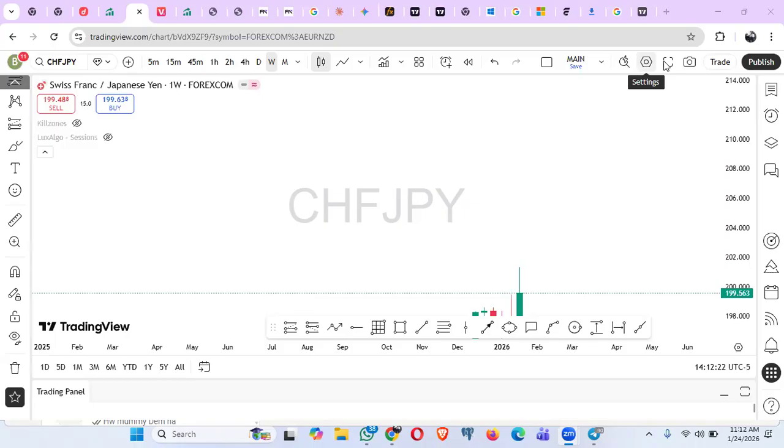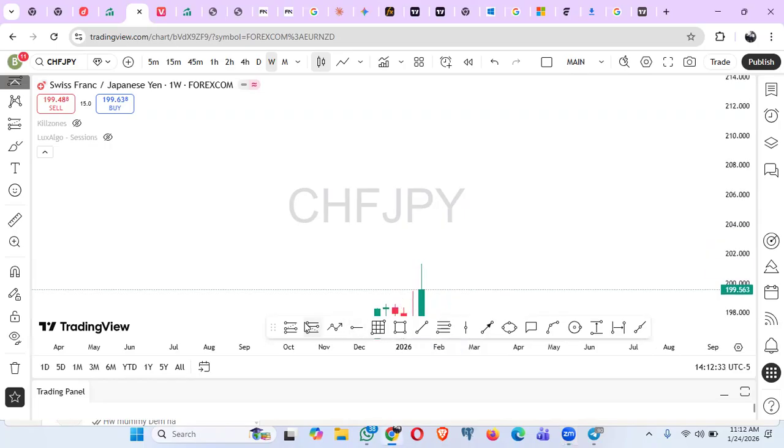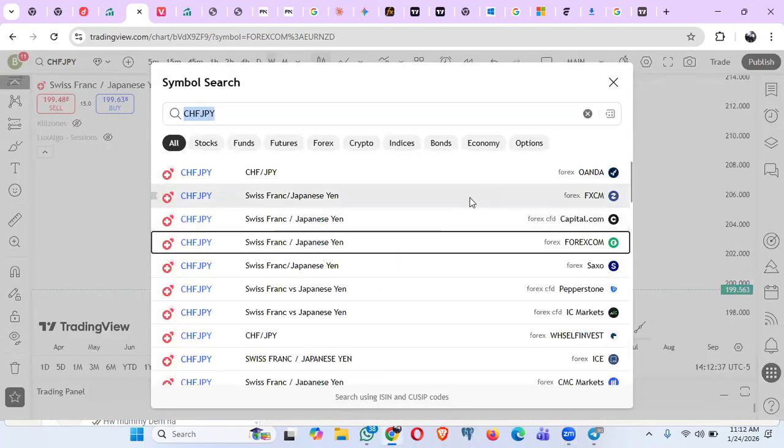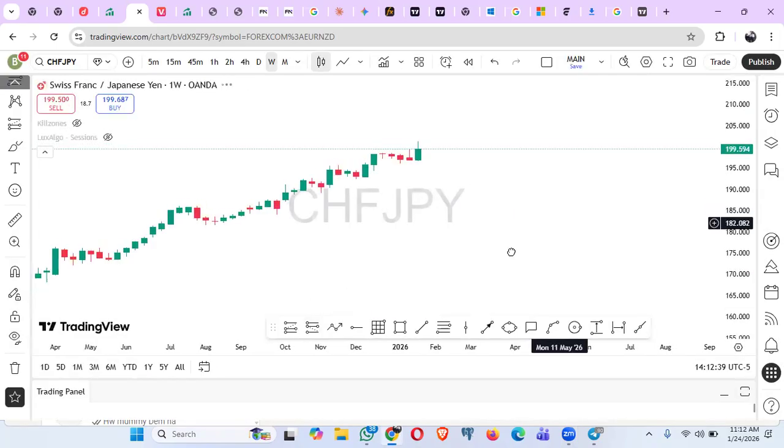Okay, so let's start with structure mapping. It's still the same thing I've been preaching since the very beginning. Still the same thing.